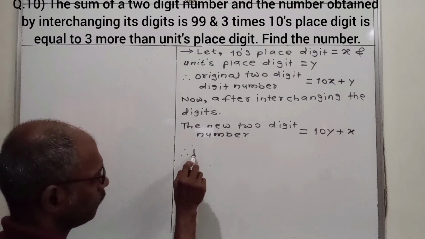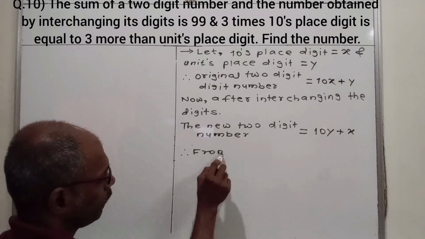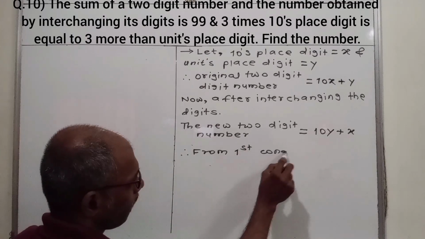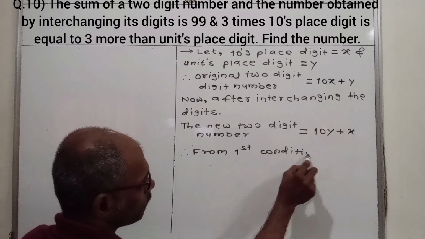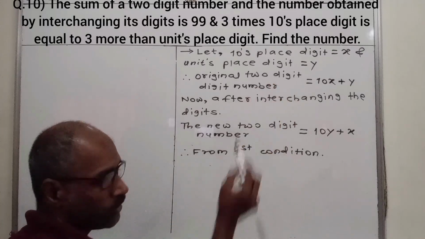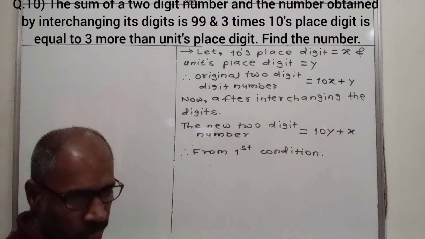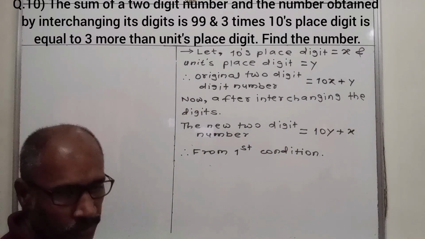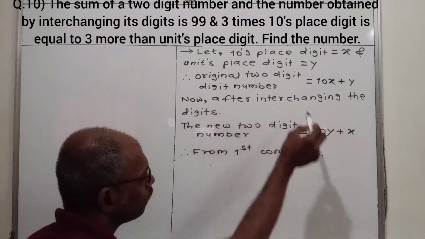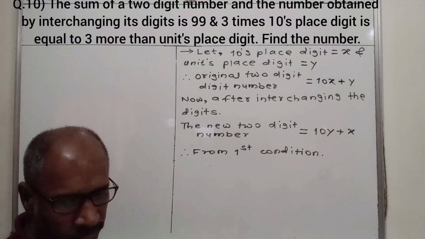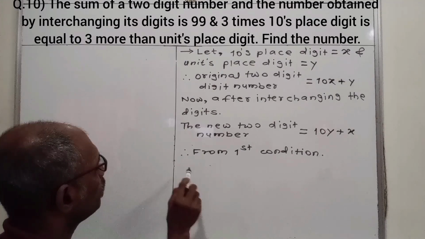Therefore, from the first condition, see here, the sum of the original number and the number which is obtained after interchanging the digits is 99. Did you get it?